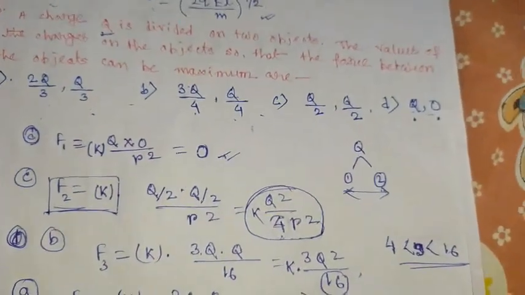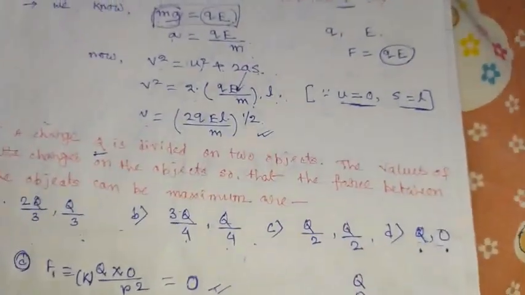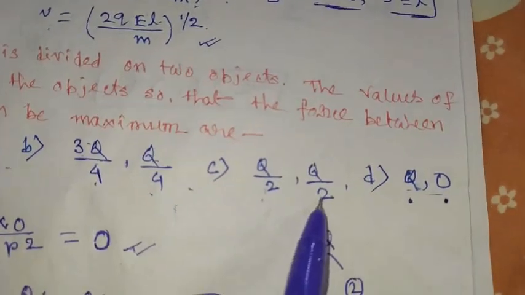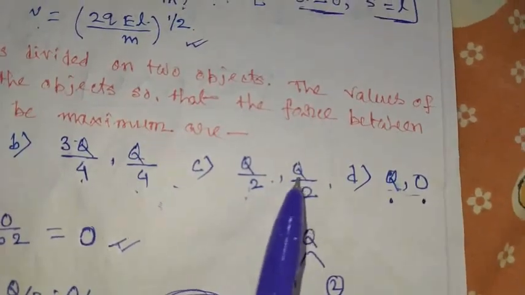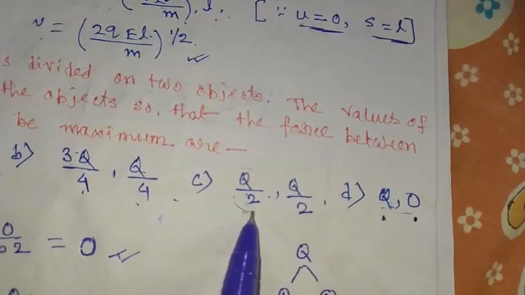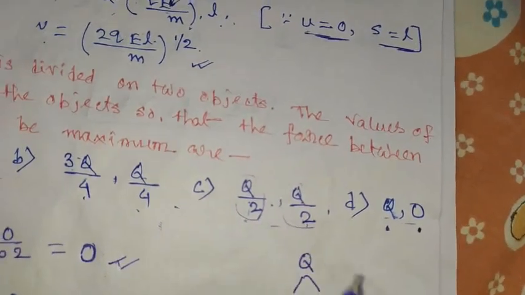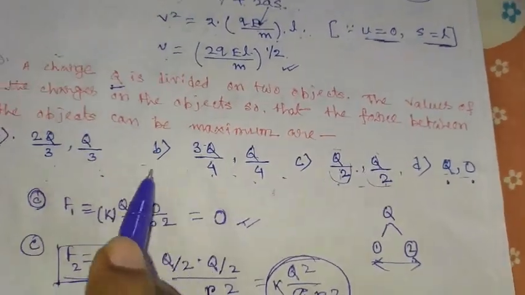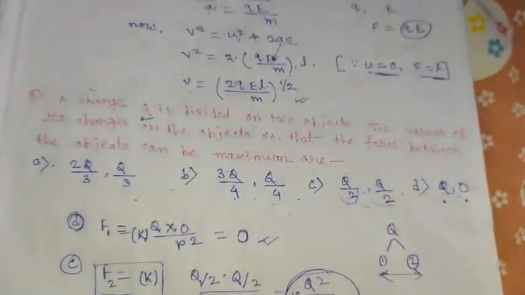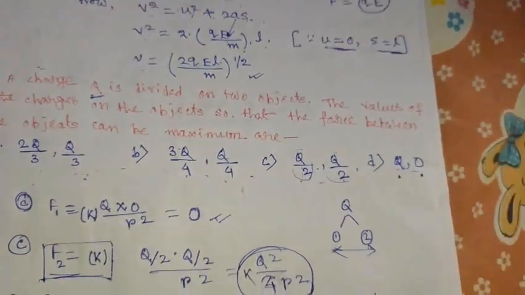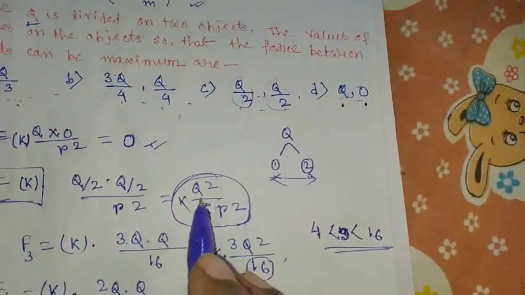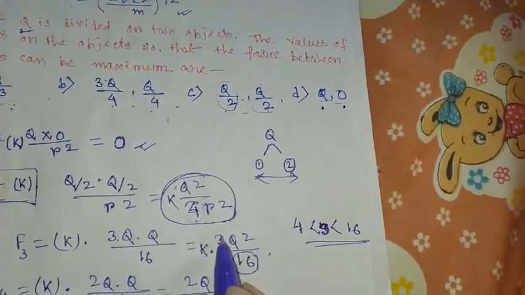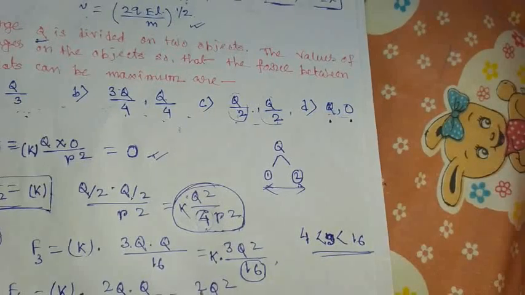That means we can say when the total charge Q is divided in the form of Q by 2 and Q by 2, then these two bodies have the maximum force rather than the other divisions. Here no factor is there, but here is a 3 factor, here is a 2 factor.